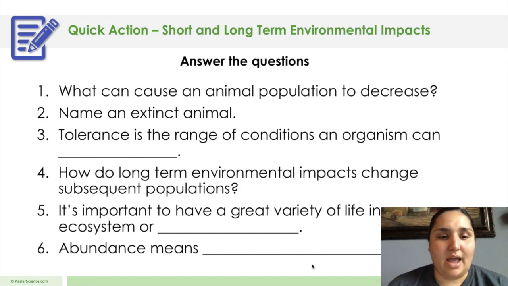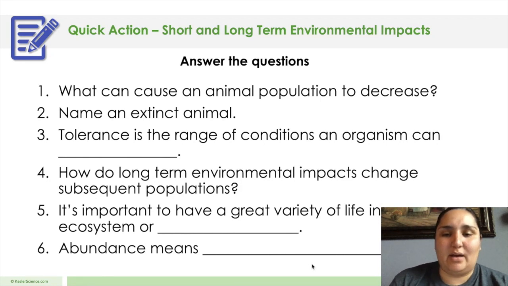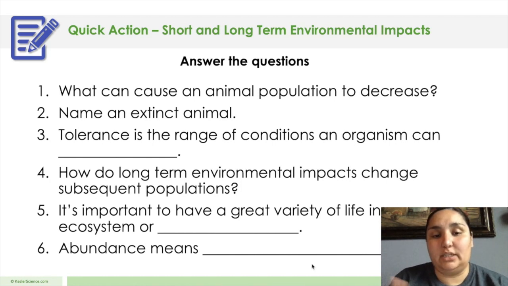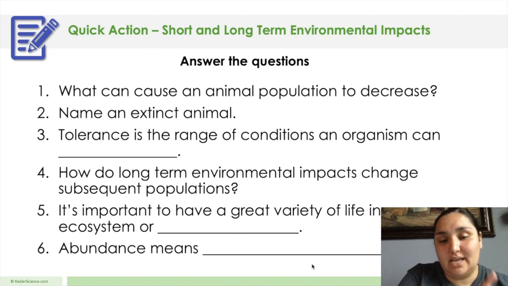Number 4, how do long-term environmental impacts change subsequent populations? What would be the kind of impact that would happen in subsequent populations if it's a long-term impact? Well, what would happen is you would have physical changes in DNA or extinction. Either they're going to adapt and they're going to actually have changes in their DNA, okay?